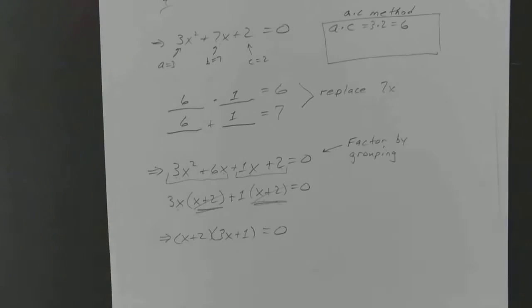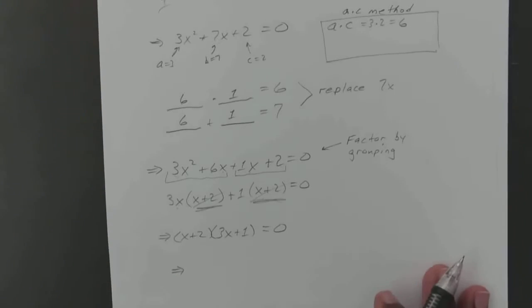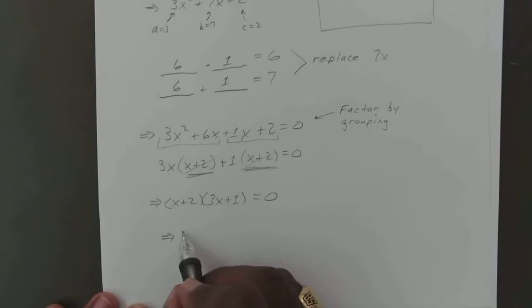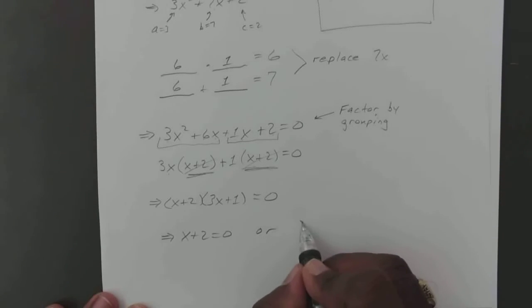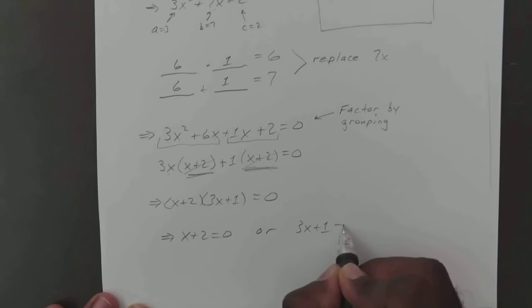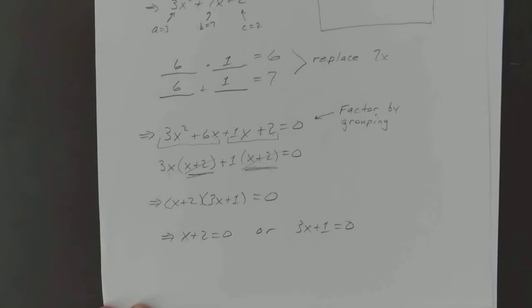All right. So now you have it all factored out. You can just go ahead and apply the zero product property. So that means x plus 2 can equal 0, or 3x plus 1 can equal 0. Here, if we subtract 2 from both sides, that gives us x equals negative 2.